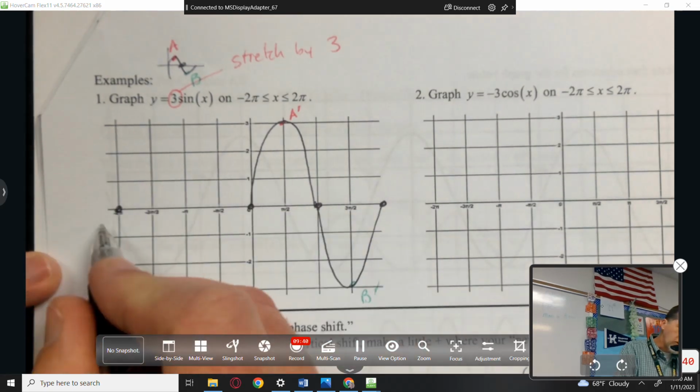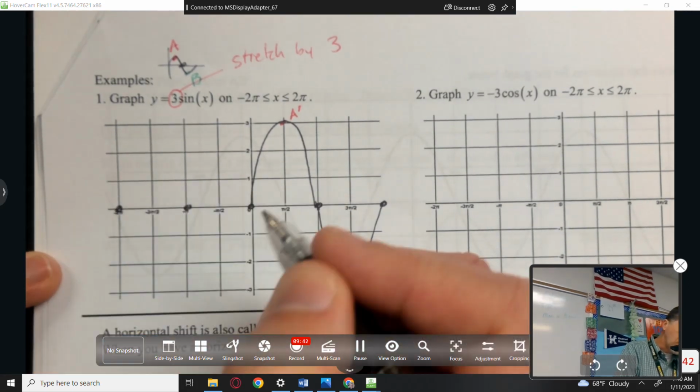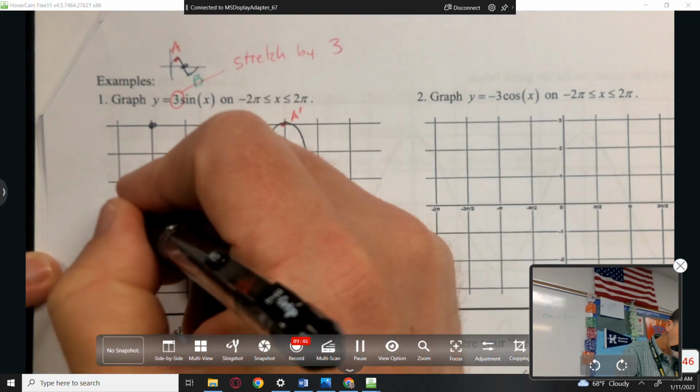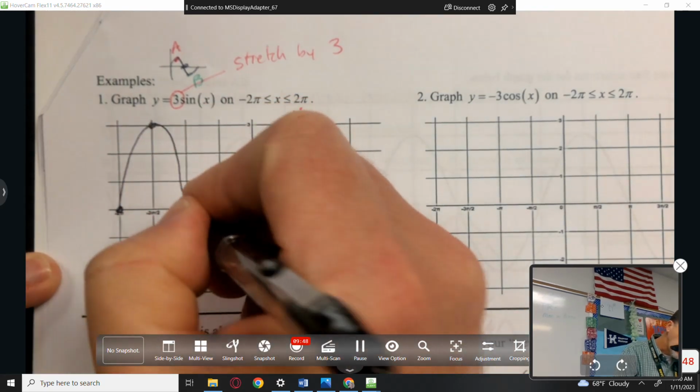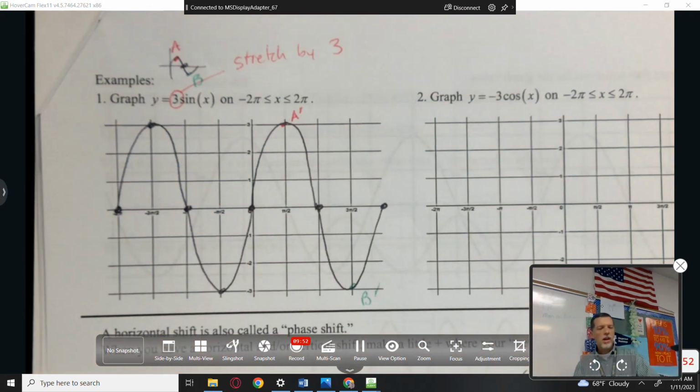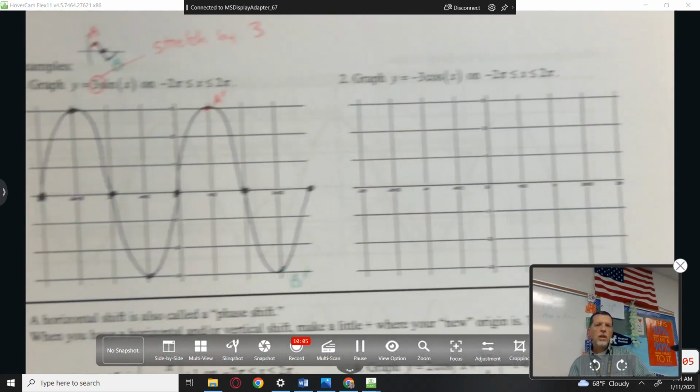So I start at 0, the halfway point's at 0, and there's a max and a min. That's a pretty good looking sine wave. Number 2.